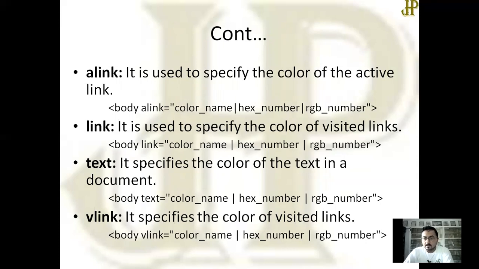You have already seen this: by default, the color is blue. Whenever you click on that, it is converted into some other color. So these can happen with the help of alink, link, and vlink.